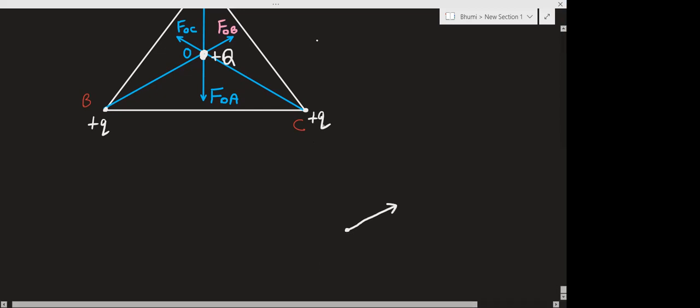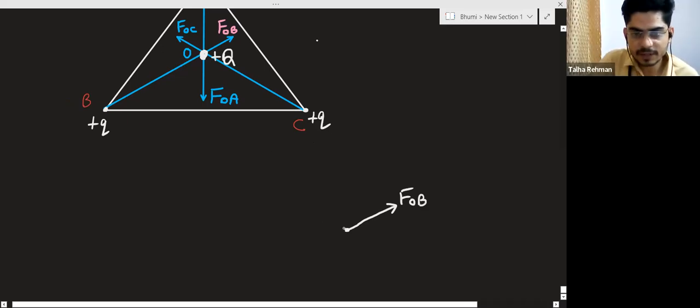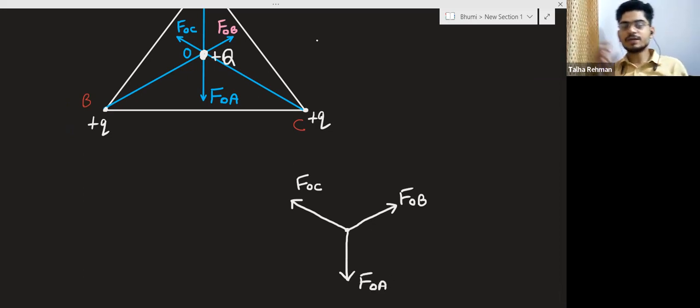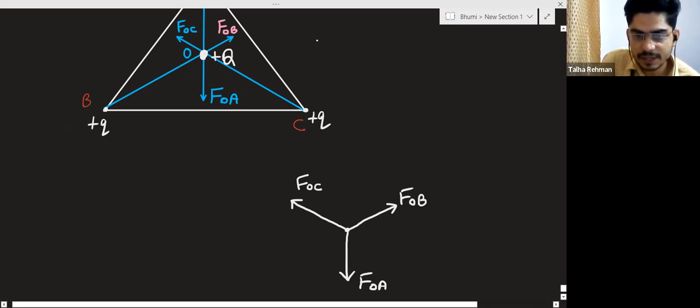This is FOB, and one vector is in this direction. This is FOC, and one vector in the vertically downward direction. This is FOA. Earlier we have calculated the resultant of two vectors. Now here there are three vectors, and we have to calculate the resultant at this point O.